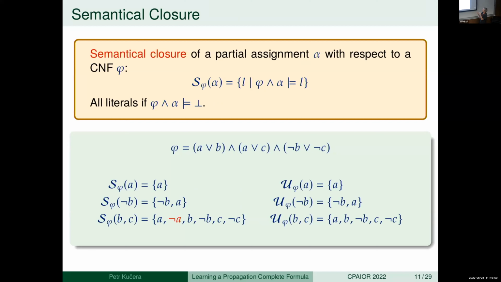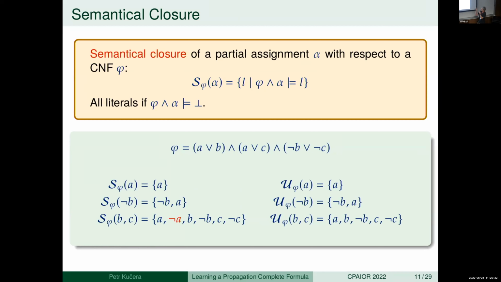Right. So this would be a unit propagation closure, and similarly, we can define a semantic closure. We can have a set of literals that are implied by the partial assignment, right? So this S_phi of alpha is all the literals that are implied by the partial assignment. Now the difference is that in this case, if the formula is inconsistent with the partial assignment, then all literals are implied. So it consists of all literals if the formula is inconsistent.